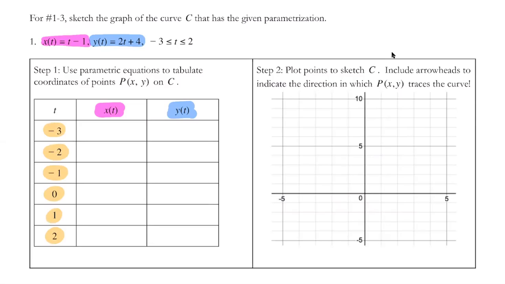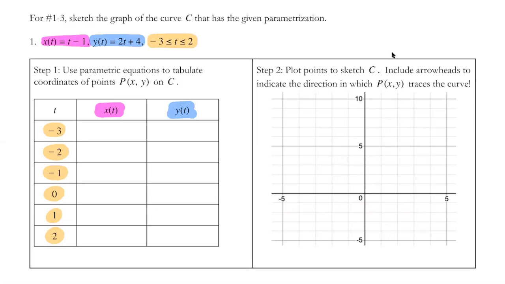How did I just randomly pick -3, -2, -1, 0, 1, and 2? Okay, exactly. Just like Thea said, they're in the given interval, meaning there's this last part of information here that tells us what values we should plug in.